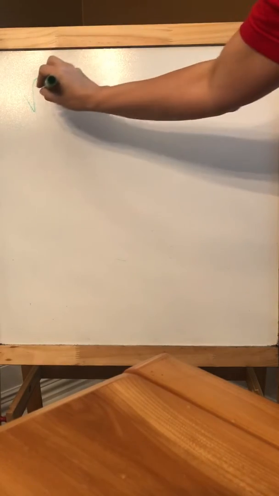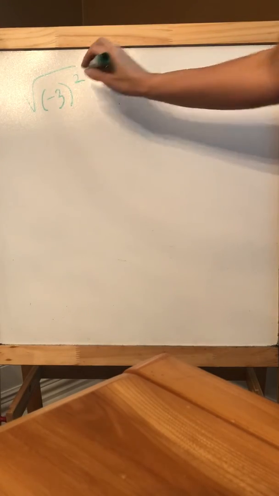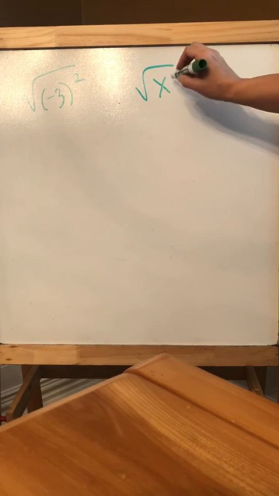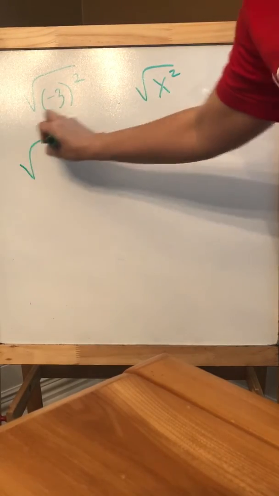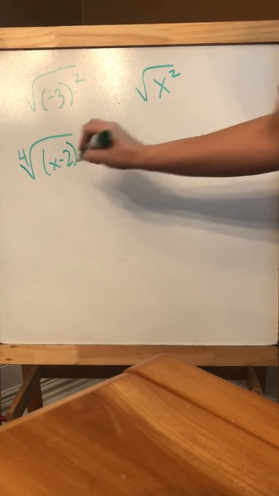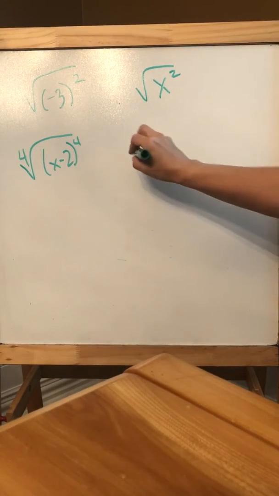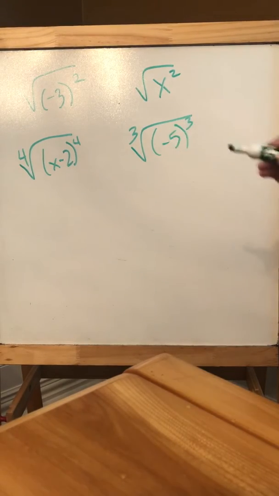We're gonna have the square root of -3 squared, square root of x squared, fourth root of x minus 2 to the fourth, cube root of -5 to the third. Okay, let's do those 3 and then I'll erase them and put the next 3 up.